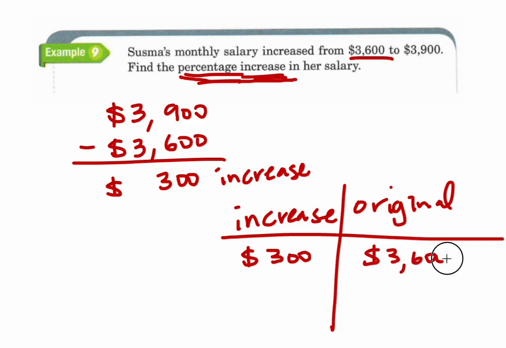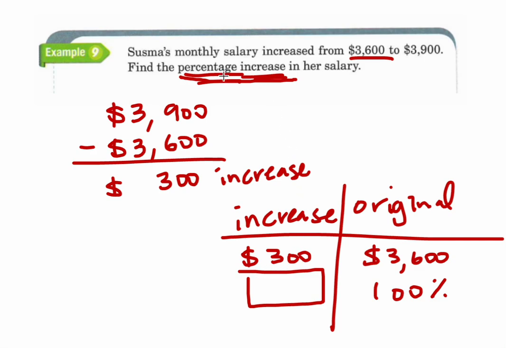I want to make sure I picked the right one, because if I pick the $3,900, that's how much she's getting paid now. Okay, and the reason why I want to make increase and original my labels is because original is 100%. Your original amount is going to be that 100%, which again is your freebie amount.